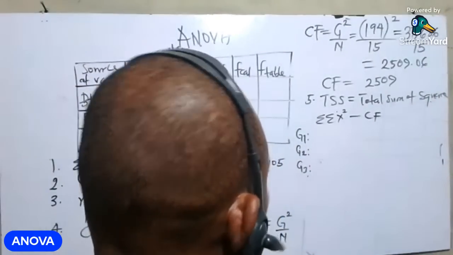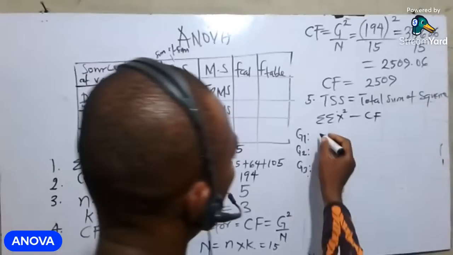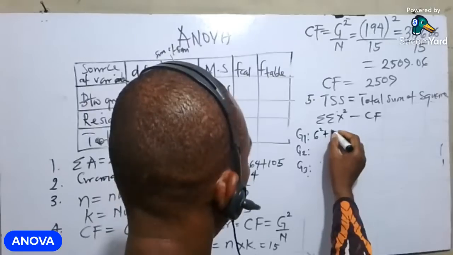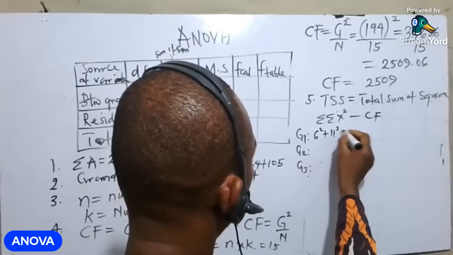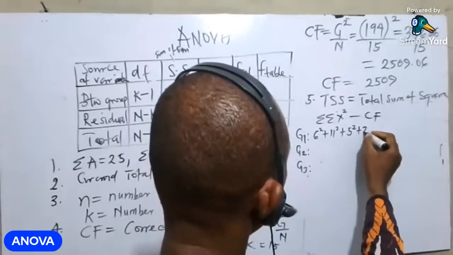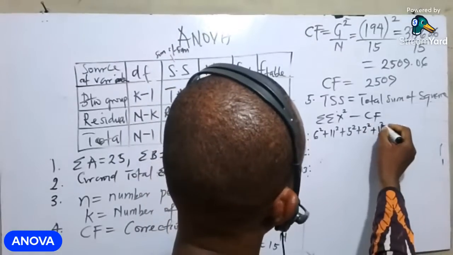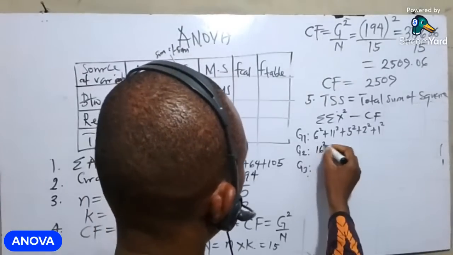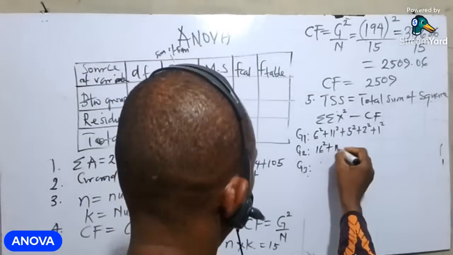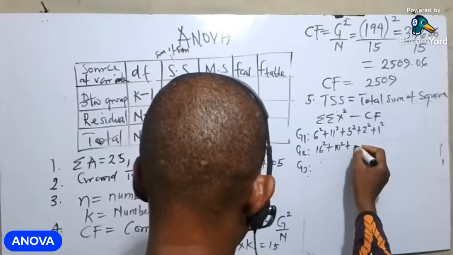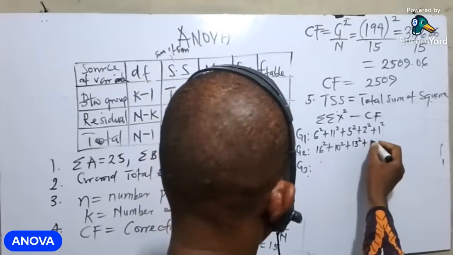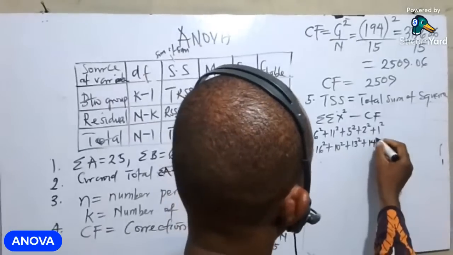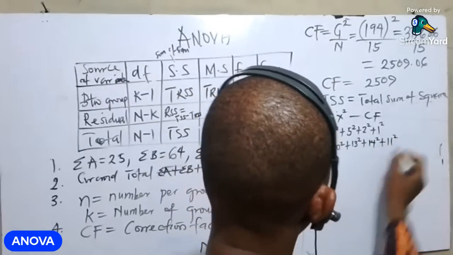For those of us that are writing it down, for group 1, I have 6 square plus 11 square plus 5 square plus 2 square plus 1 square. Group 2: 16 square plus 10 square plus 13 square plus 14 square plus 11 square.